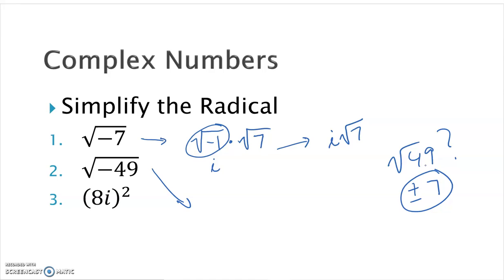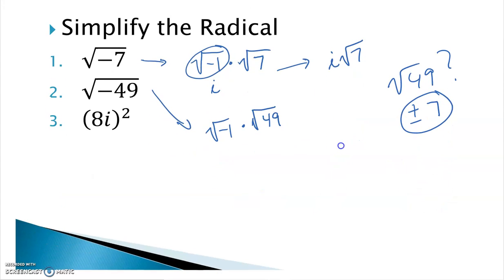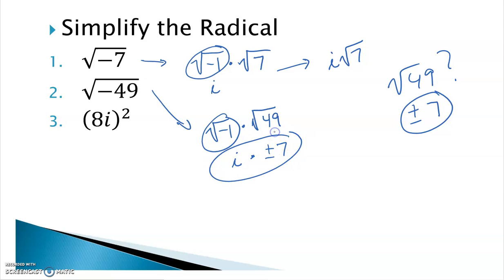So the square root of -49, I can break it down to the square root of -1, I just pull the negative out, times 49. We know that the square root of -1 is i. The square root of 49 is plus or minus 7. So therefore, when I multiply those back together, I get plus or minus 7i as my solution.